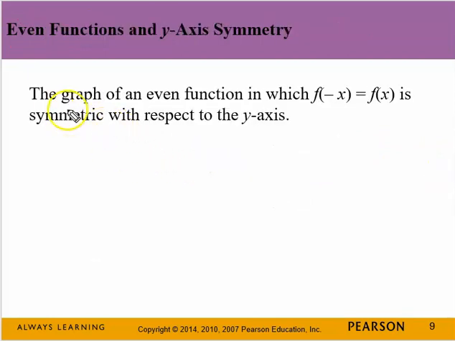And here they're stating the graph of an even function, in which f of negative x equals f of x, will be symmetric with respect to the y-axis. And what does that mean? Well, I'm going to give you a little brief example. Let me make a nice line here.